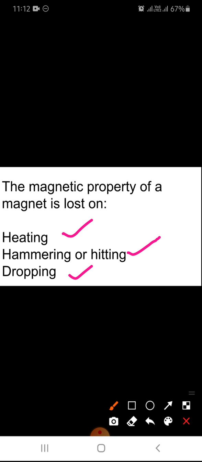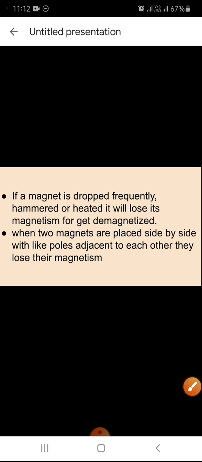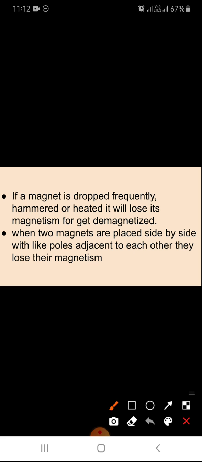The strength of the magnet will be lost. If a magnet is dropped frequently, hammered or heated, it will lose its magnetism, or get demagnetized. Losing the properties of a magnet is known as demagnetization.